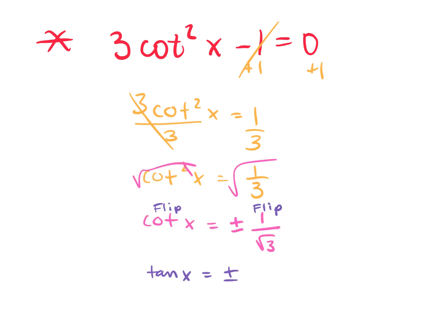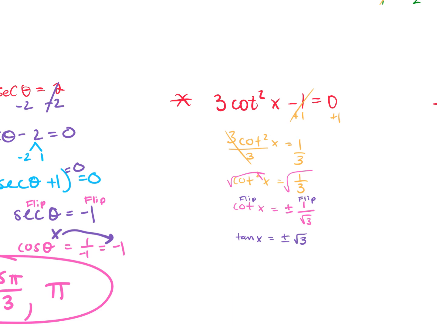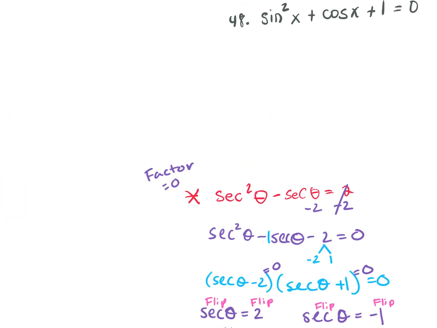And then this would be plus or minus. We flip it, so it would be square root 3 over 1, or just square root 3. So when you have one of your reciprocal functions, just flip it, but you have to flip the number too. So now let's look to see where tangent is positive or negative square root 3.